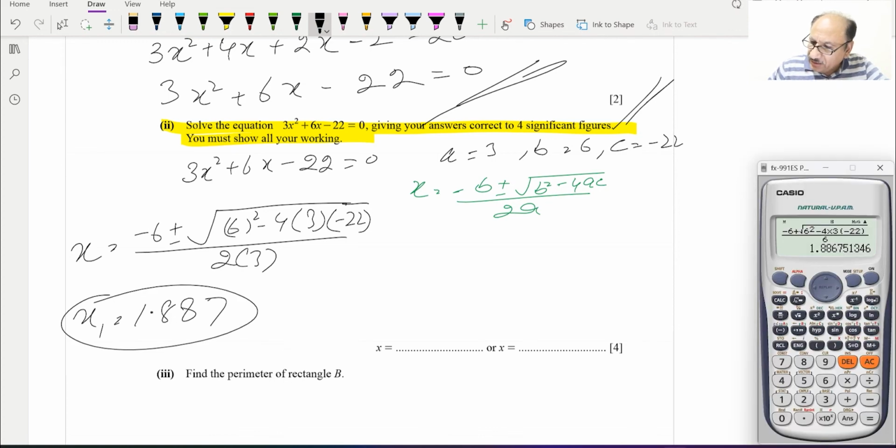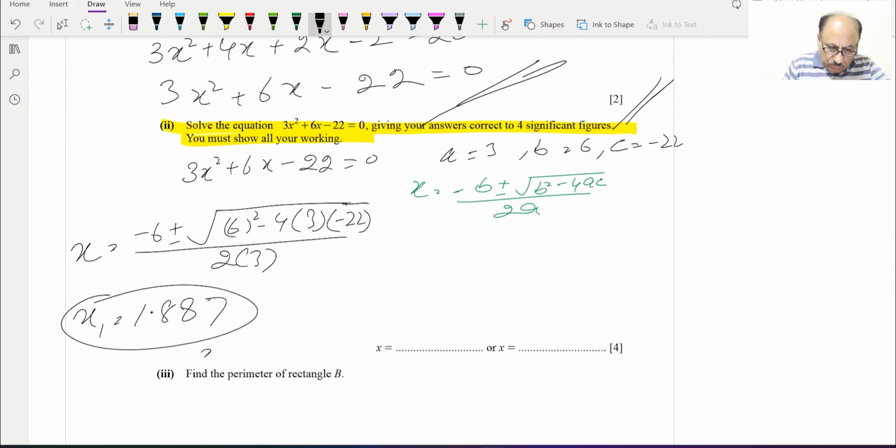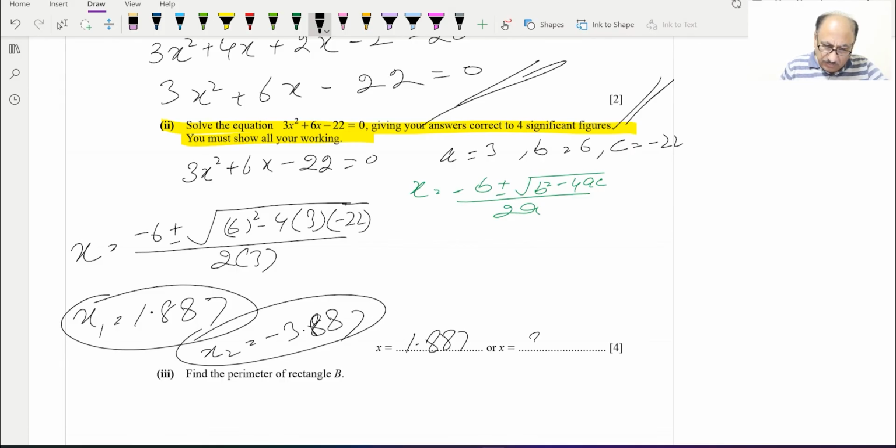Now with this negative sign, we will just change the sign to minus, and this will be equal to minus 3.887. So x2 will be equal to minus 3.887, and these are the values which we can write, 1.887 and minus 3.887. This is for 4 marks.